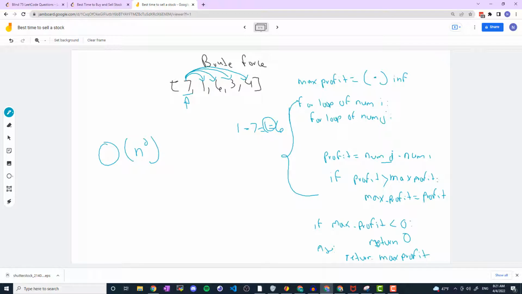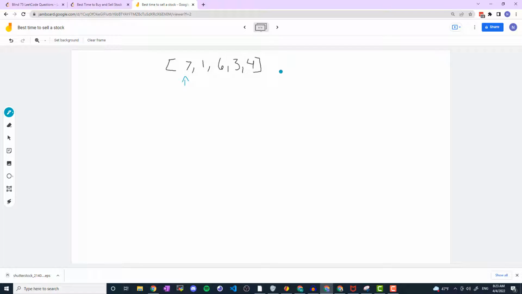So let's analyze if we can get this working on a single pass. A single pass meaning just one loop. So in the one pass solution, we have to keep track of two variables in a single pass.